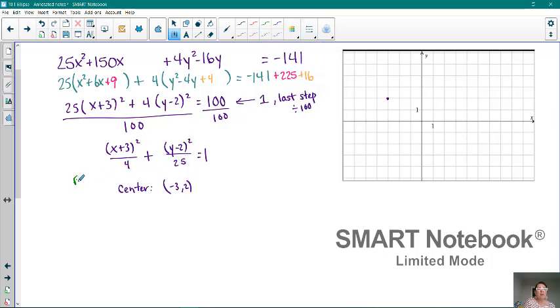So square root of 4 is 2. So away from this center, I'll go 2 to the left and 2 to the right. Square root of 25 is 5. I will go up 1, 2, 3, 4, 5, and down 1, 2, 3, 4, 5. I will sketch this in.